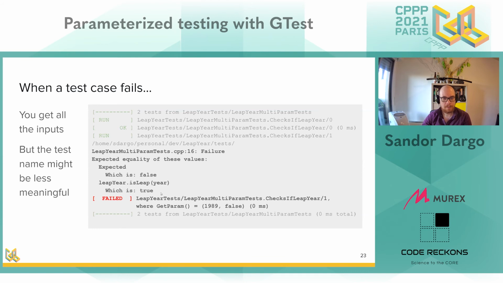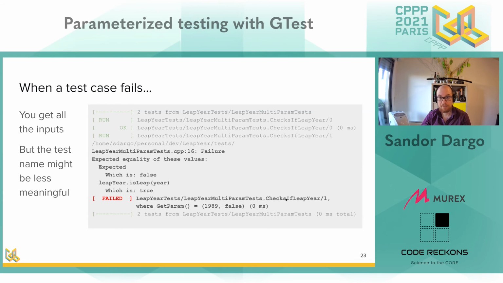So you still get all the inputs, but of course your test name will probably become less meaningful because you have to generalize it a bit because you are passing in multiple parameters, and if you pass in your expectation, the expected result, then you have to generalize the test name.